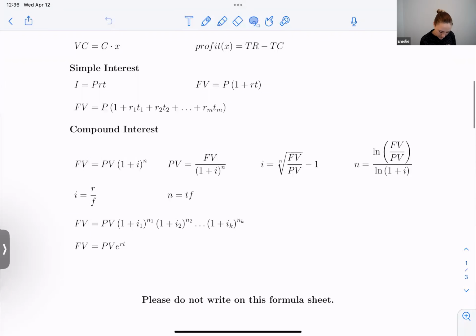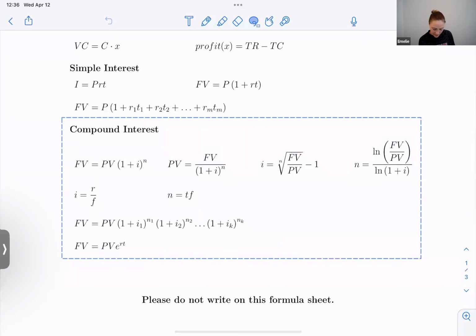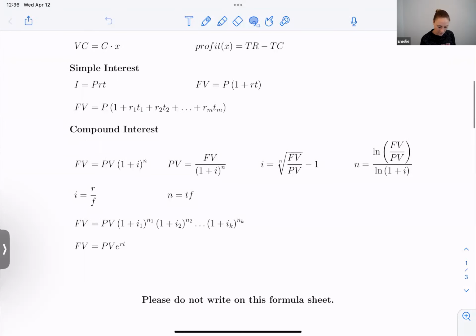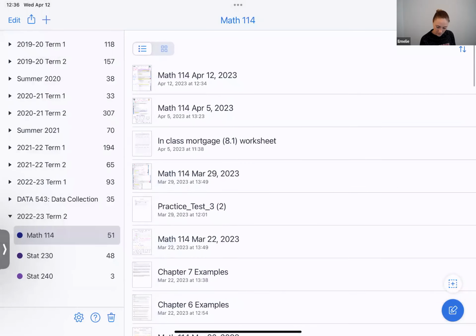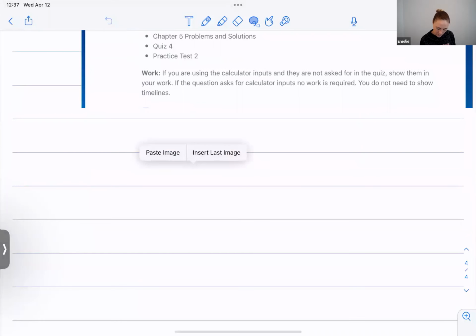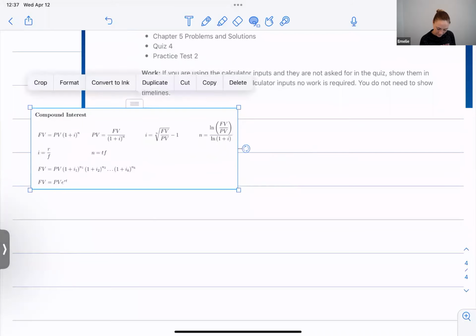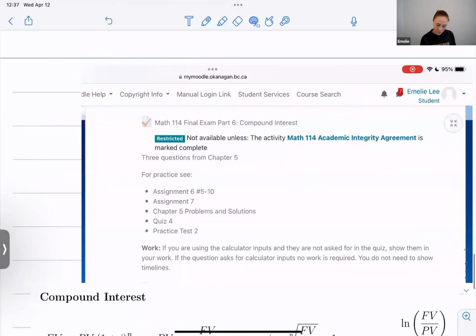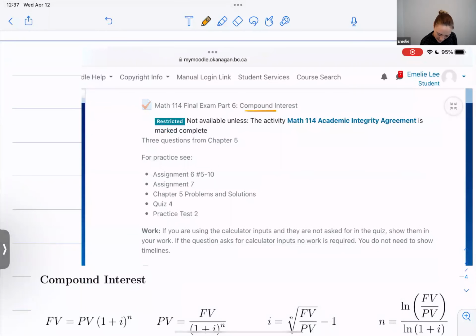All right. Compound interest. These were the formulas. There were quite a few, right? But we had some main players again.